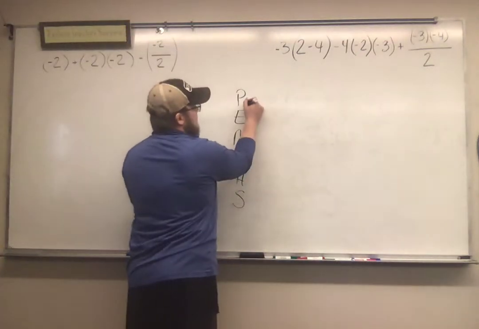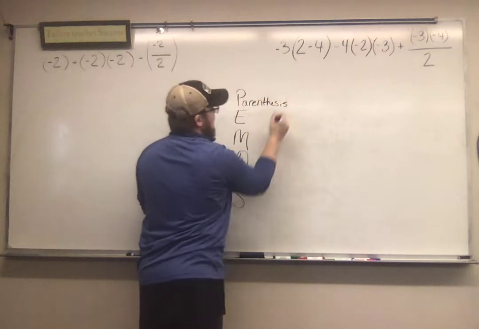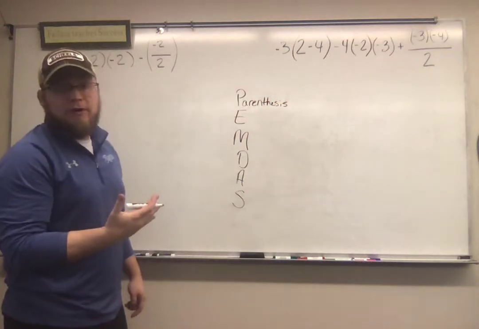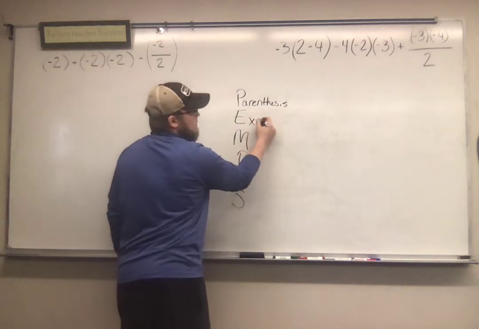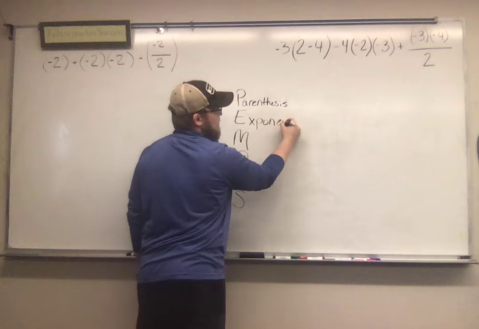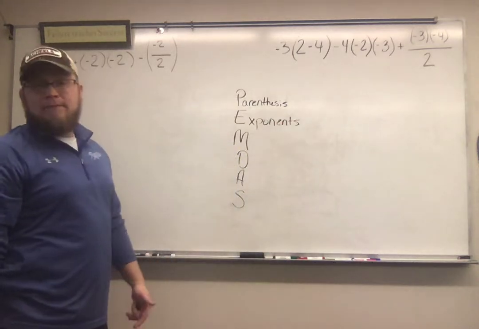So what the P stands for is parentheses, and that's probably spelled wrong, so don't laugh at me. Parentheses. The E is exponents. The M is multiply.